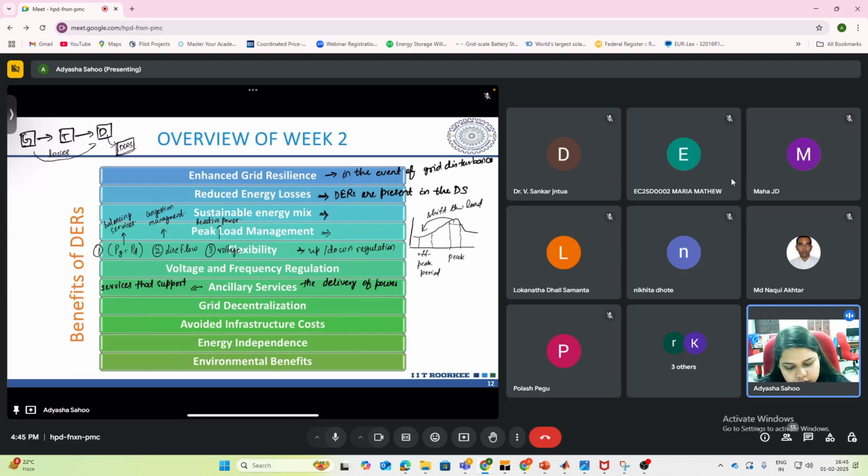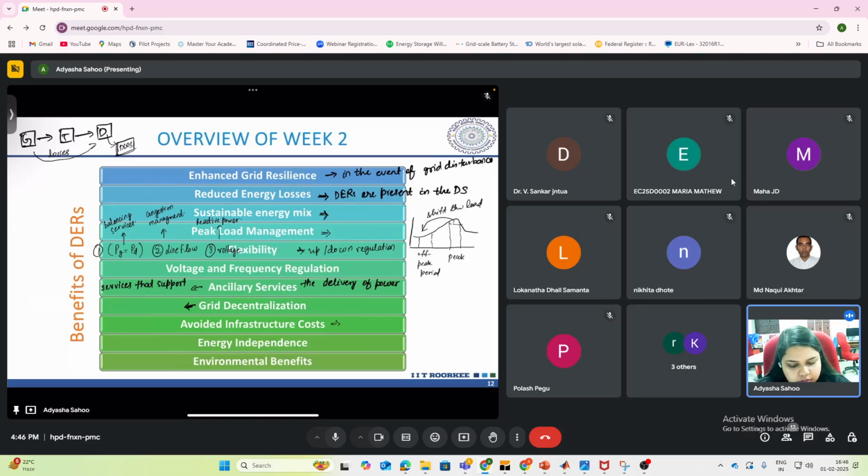Then obviously grid decentralization, because earlier it was a centralized system where everything was unidirectional from the conventional generator to the loads. But now with the help of these DERs, we have a decentralized grid. We have renewables connected at the distribution side. Then avoided infrastructure cost.